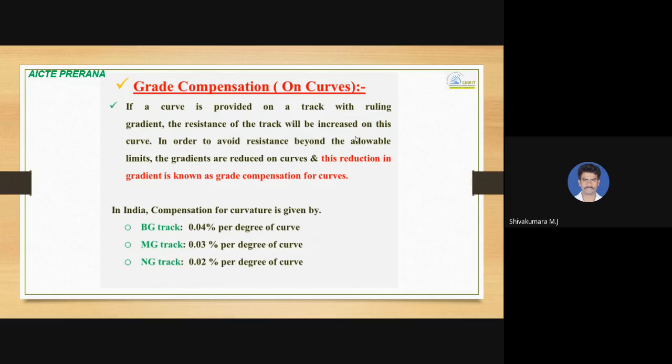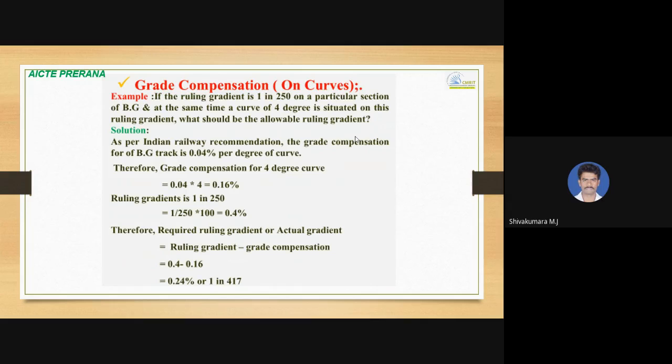As per Indian Railway recommendation, the grade compensation for broad gauge track, as you just saw, is 0.04% per degree of curve. The degree of curve given over here is 4 degrees. So 0.04 times 4 is 0.16%. The ruling gradient given here is 1 in 250, which is 0.4%. Therefore, the required or actual gradient will be equal to the ruling gradient minus the grade compensation.